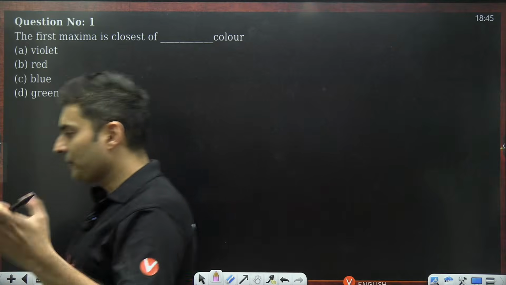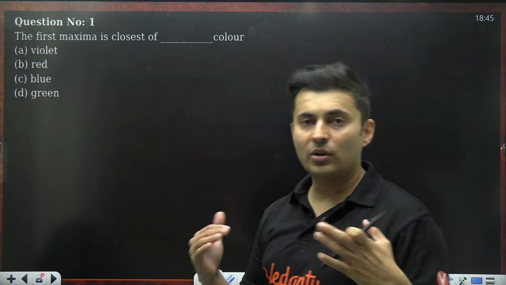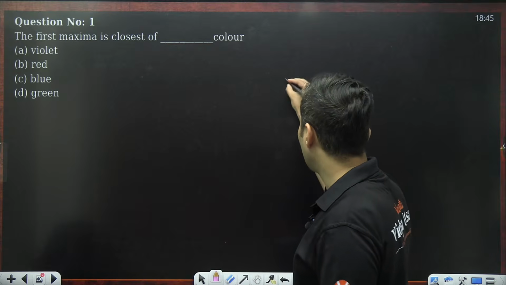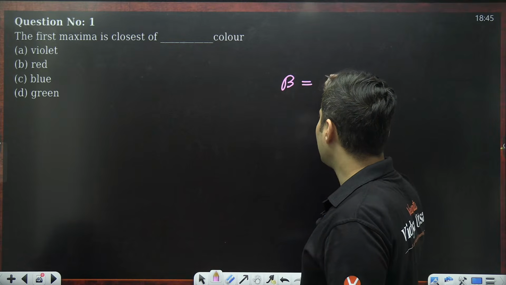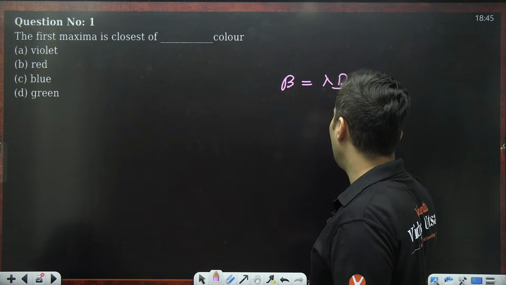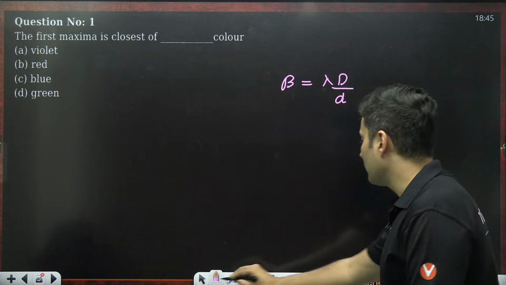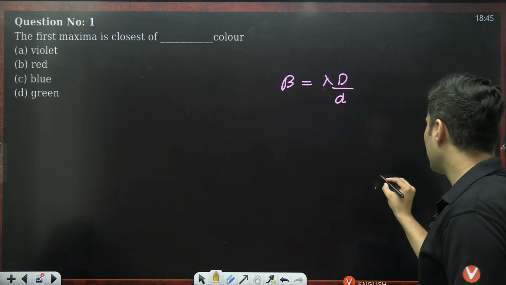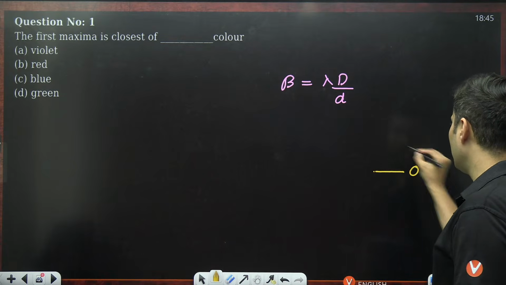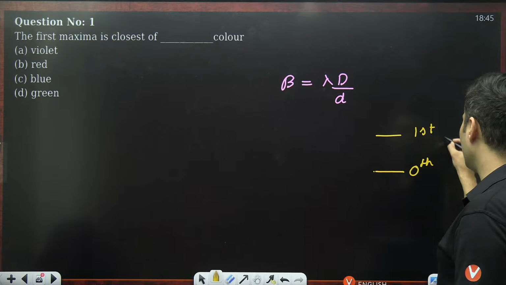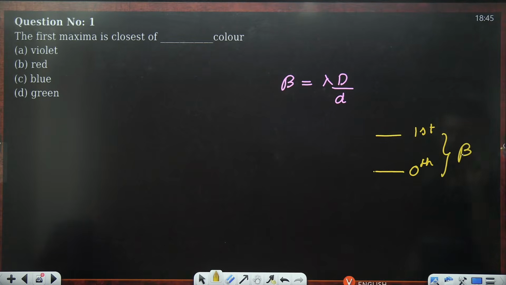You remember that the fringe pattern on the screen depends on the wavelength. There is a formula: fringe width is lambda capital D by small d. On the screen, you are going to see the 0th maxima and then the first maxima. The distance between them is the fringe width.